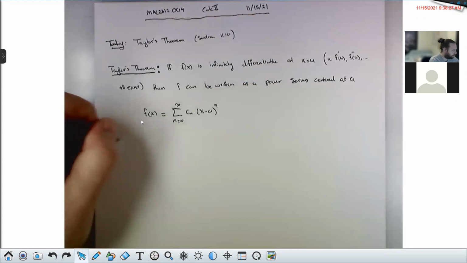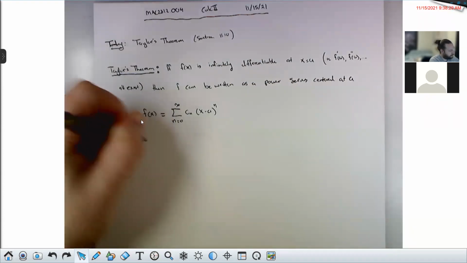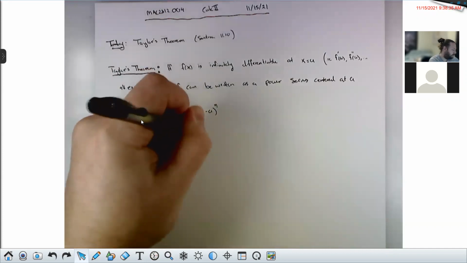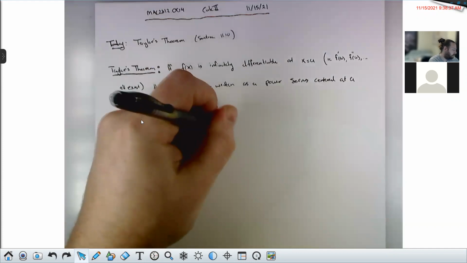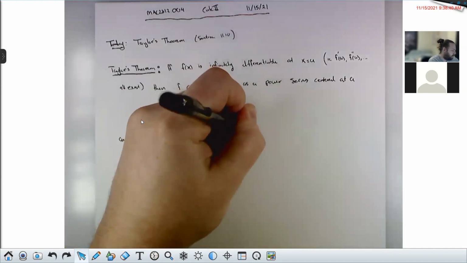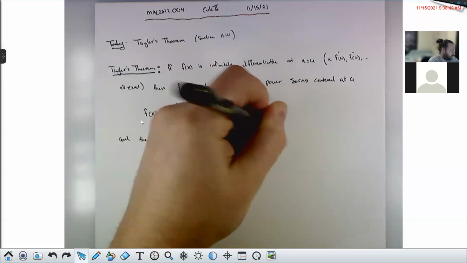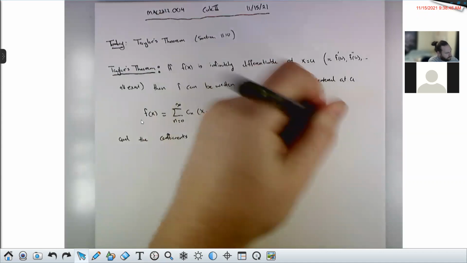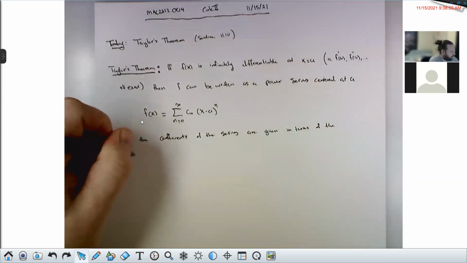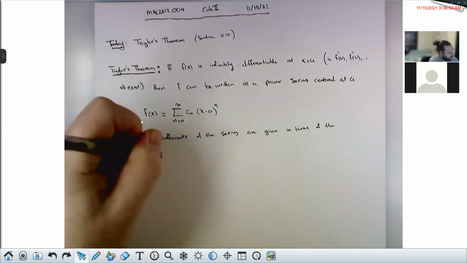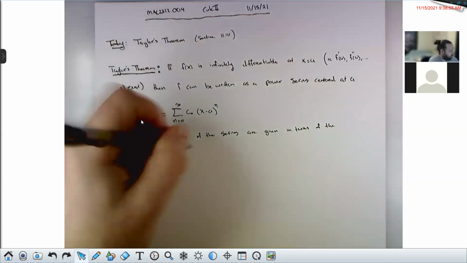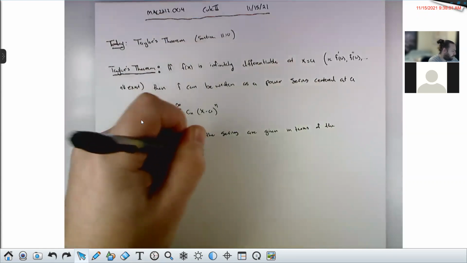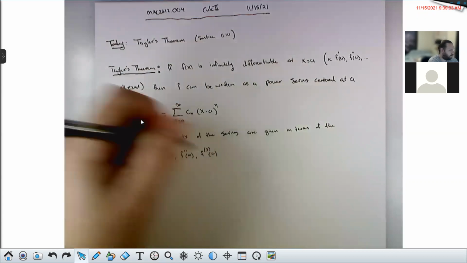And the coefficients of the power series are given in terms of the derivatives: f prime of a, f double prime of a. After the second derivative, we usually start writing superscripts like this.